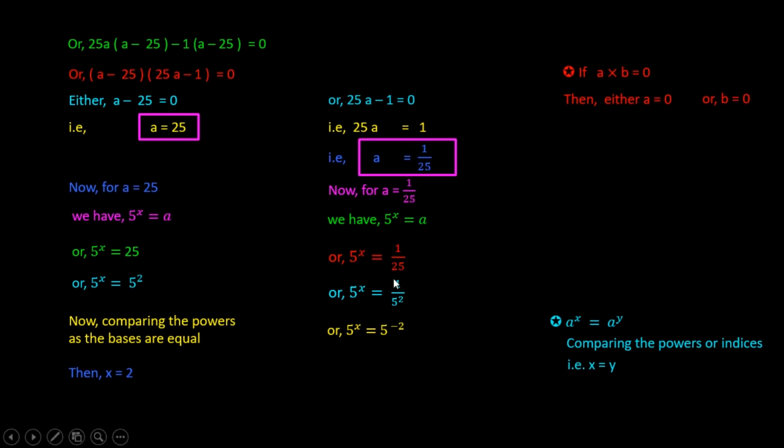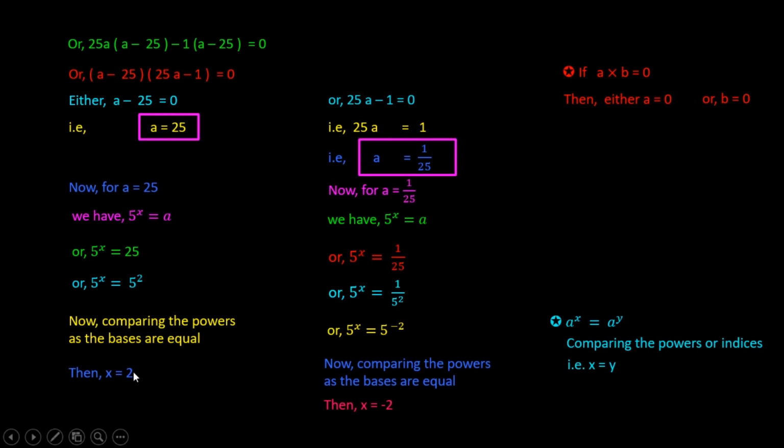So 2 becomes minus 2. Now the bases are equal: 5 to the power x equals 5 to the power minus 2. Comparing the powers, x equals minus 2.